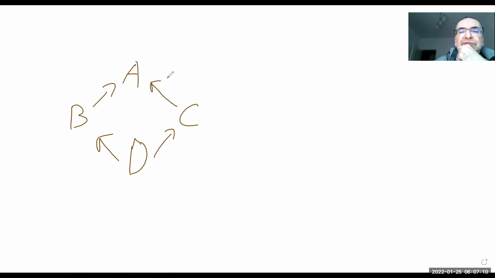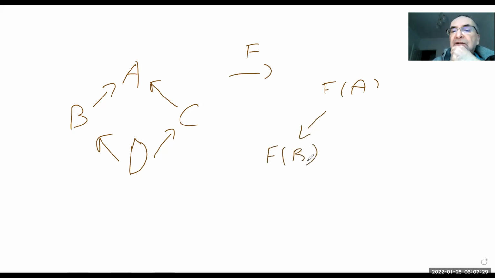Now I apply a contravariant functor, say F. I will end up with the following commutative diagram. Of course, it's a functor, so there's a commutative diagram to commutative diagram. It's contravariant, so I'm going to reverse the direction of arrows.